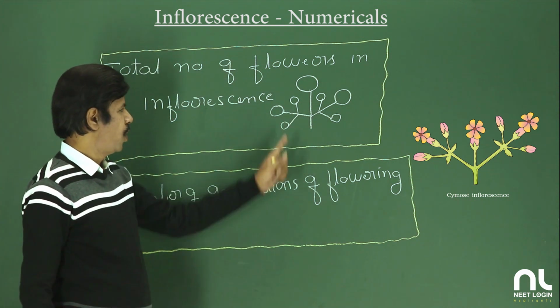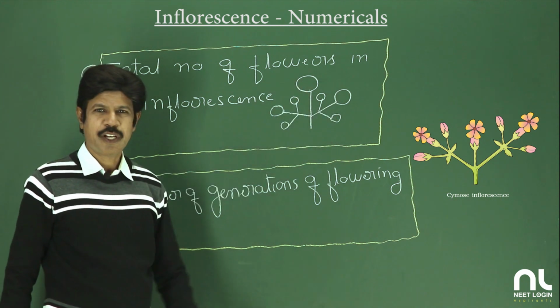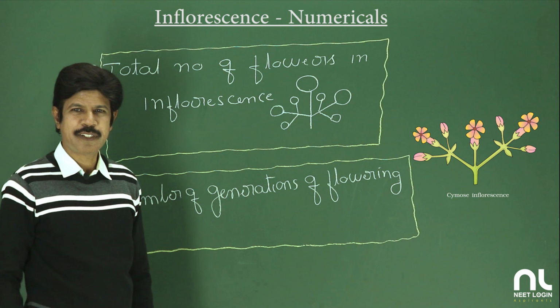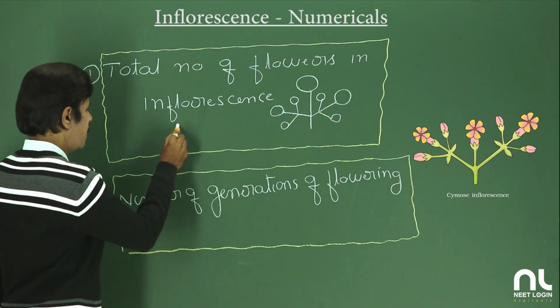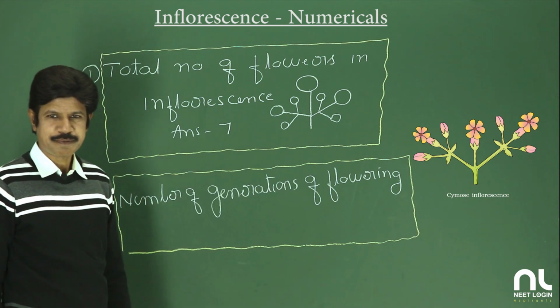So 1, 2, 3, 1, 2, 3 and 1. Total number of flowers, it is 7 in case of the dichasial cyme. So it is 7 flowers.